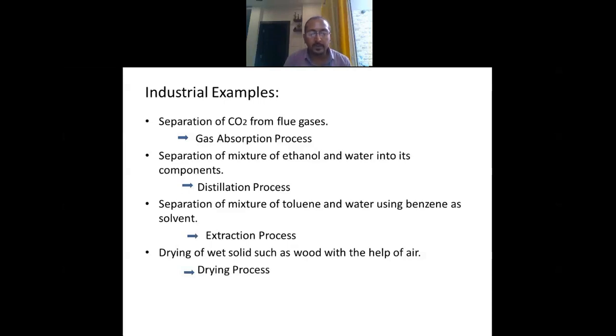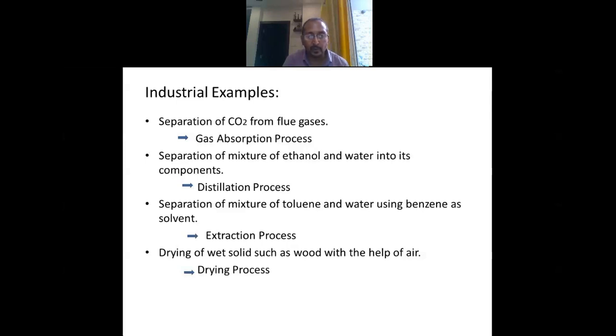So if we use a liquid solvent which preferentially removes CO2 from flue gases, we select a solvent and remove or segregate or separate CO2 from flue gases. The other gases in the flue gas will not preferentially dissolve in the liquid solvent, because we have selected a solvent which will preferentially remove CO2.